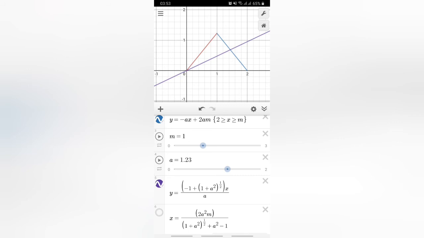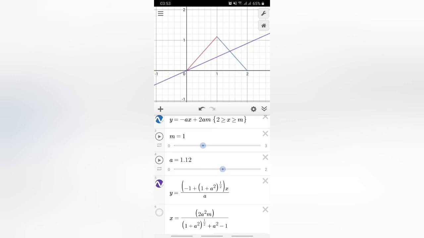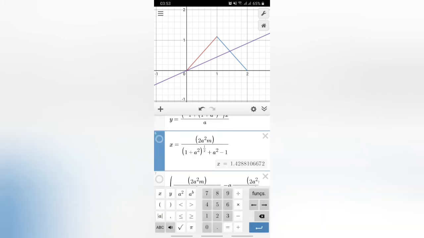Remember, we found what this point over here would tend to be: 4 divided by 3 multiplied by m. As m is equal to 1, it will tend to be 4 divided by 3, right? When a approaches 0. And you can see that it actually does approach over here, 1.333, okay? So this is the formula for the purple one over here.